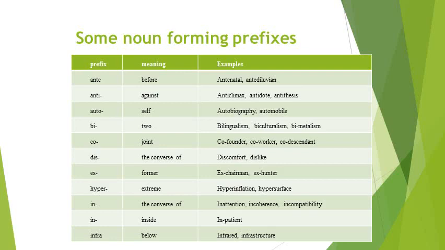It occurs in words like inattention, incoherence, incompatibility. Another related one is in. It means inside. You have examples in impatient. And then another prefix is infra. Infra means below, occurring in words like infrared, infrastructure.